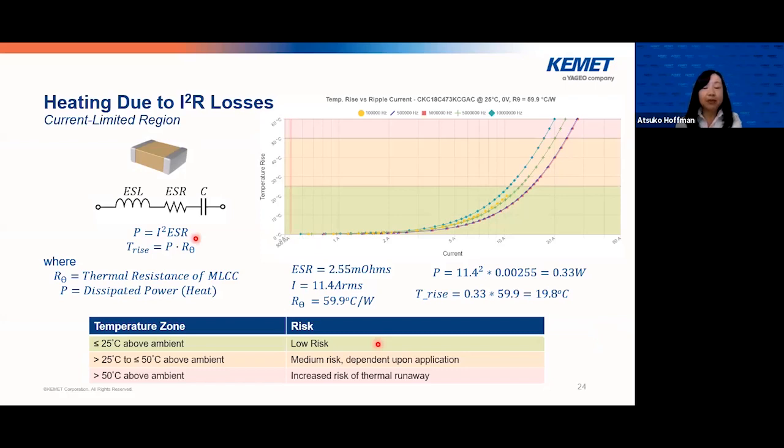If it is between 25 degrees C and 50 degrees C, we call it medium risk, and it depends on the application. If it is above 50 degrees C, we are increasing the risk of thermal runaway, so the part is heating up too much. We don't recommend using an MLCC in that condition.